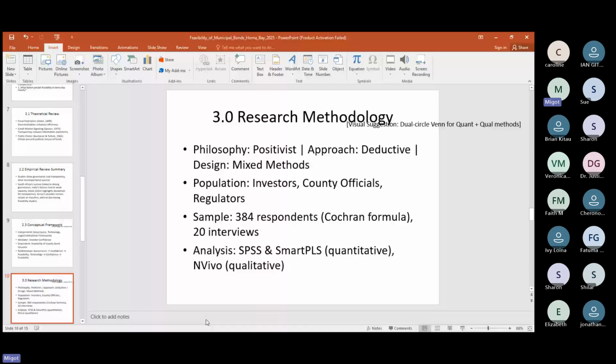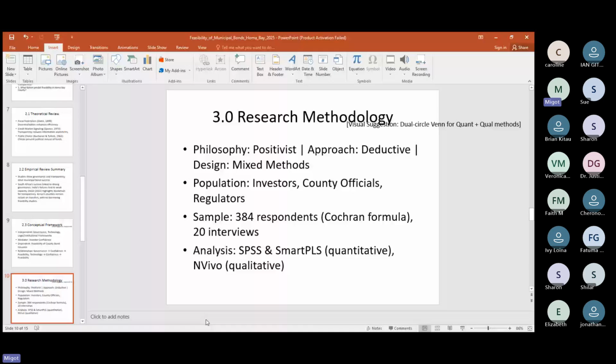For data collection instruments, structured questionnaires and interviews will guide the data collection, and will also undergo expert validation for content, accuracy, and reliability. When it comes to data analysis, for quantitative data, we'll use the SPSS software and Smart PLS for descriptive, correlation and regression analysis.